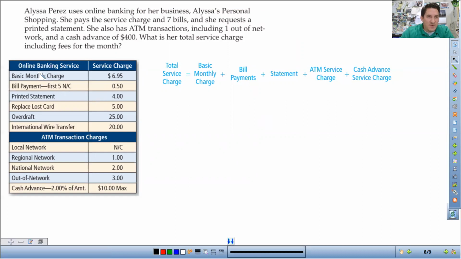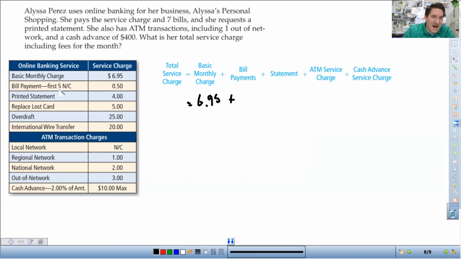So one, to use online banking service, the bank charges her $6.95 per month. All right. So that's the first charge. Basic monthly charge is $6.95. Bill payments cost 50 cents to pay bills through the online method. So if you're going to set up automatic bill pay or get online to transfer money to a bill, it costs 50 cents.